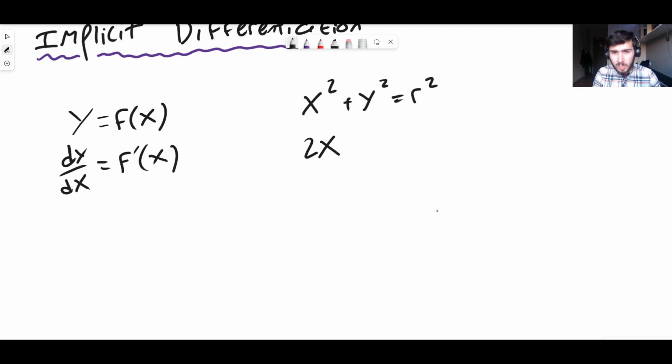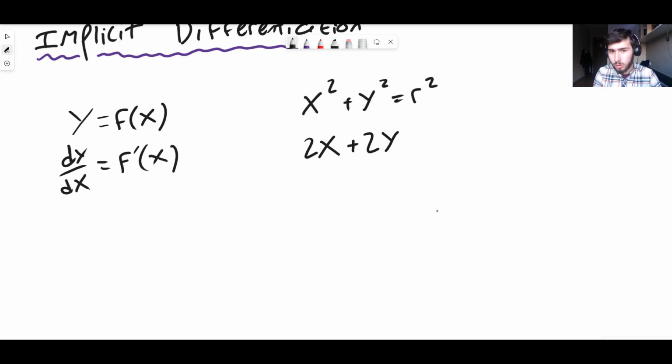What you do is you almost pretend that the y is an x, and you differentiate it with respect to y as though it were an x. So for example, the derivative of y squared with respect to y is 2y. So if that was an x squared there, the derivative would be 2x. It's a y squared, so it's 2y, if that makes sense. But there's one thing that you need to do when you differentiate any function of y.